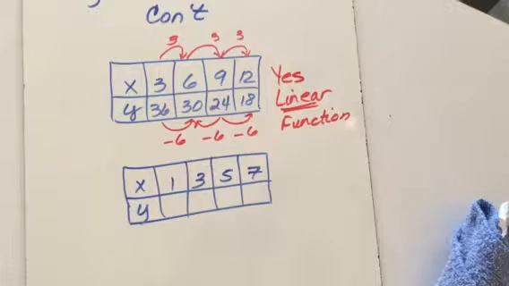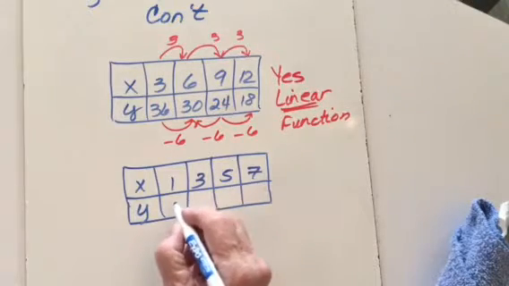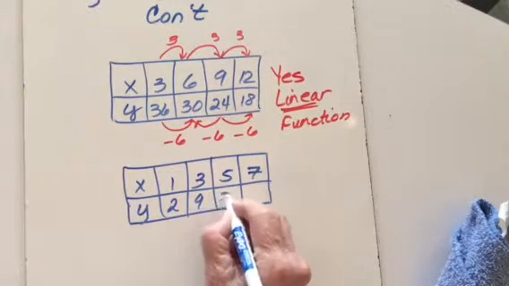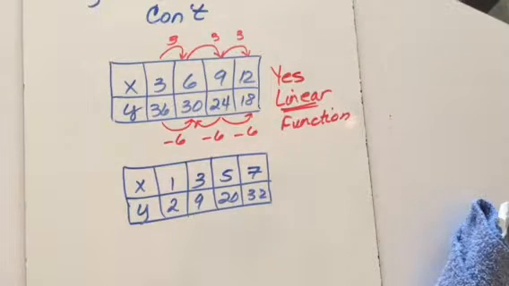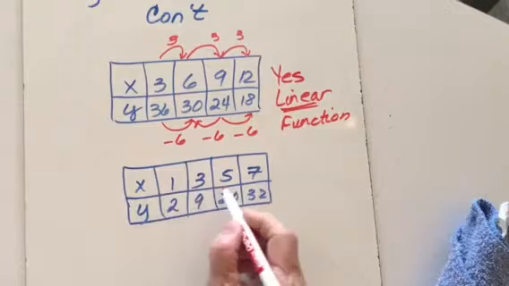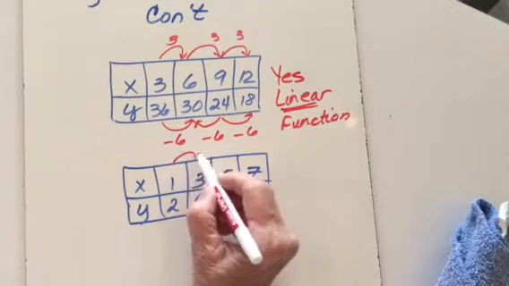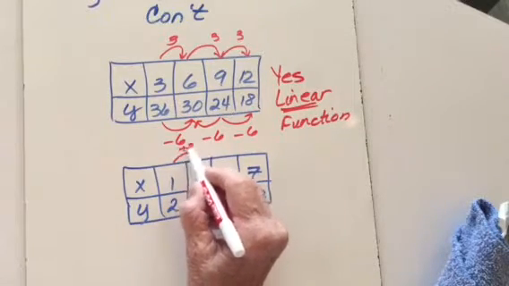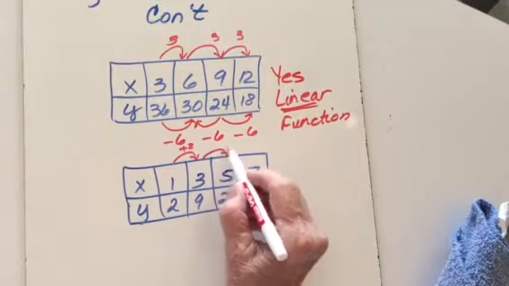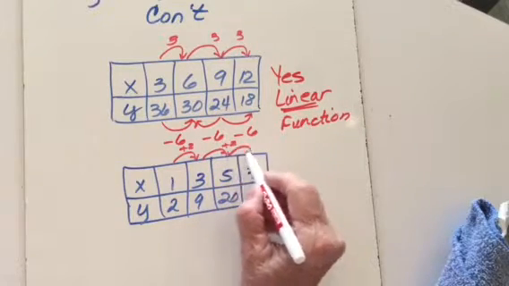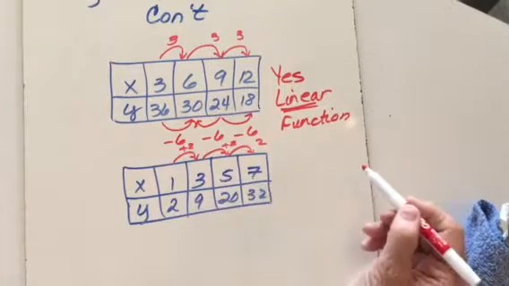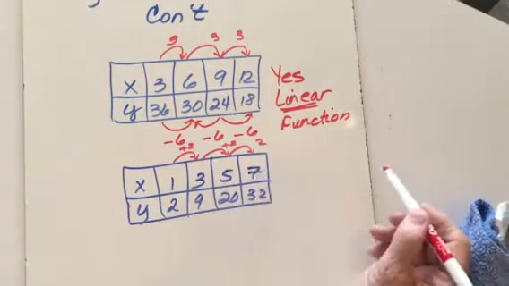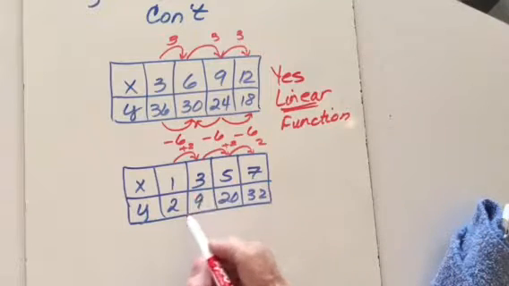And our Y values are 2, 9, 20, and 32. Okay. All right. Now, our X's, you'll notice, are increasing by 2 each time. All right, so far so good. By the way, it is a function because we only have one Y for every X, okay? But look what's happening here.